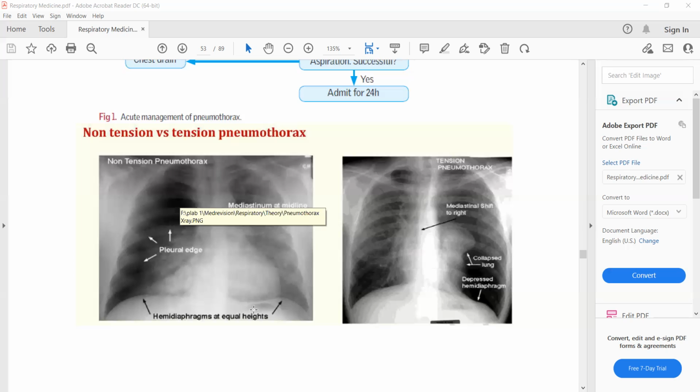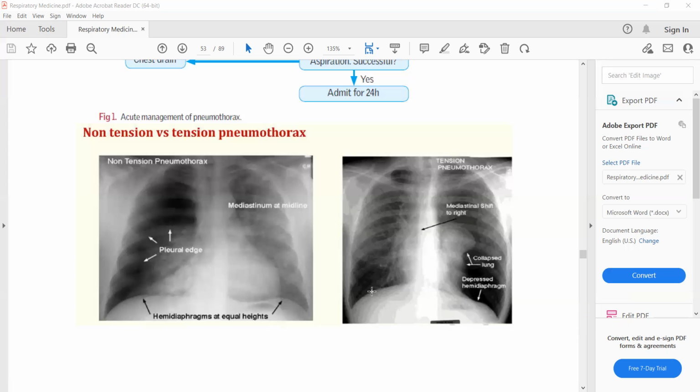And another difference is that in simple pneumothorax, hemidiaphragms are at equal heights. This one is one hemidiaphragm, and this is the second hemidiaphragm. Both of them are at equal height. While in case of tension pneumothorax, due to excessive air compressing in the pleural cavity, the hemidiaphragm on the affected side is depressed.